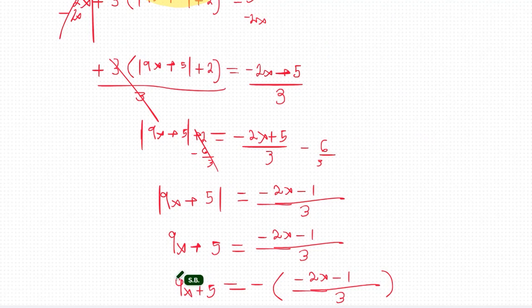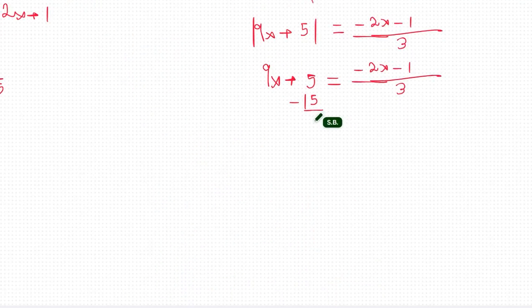Good job. So that is one case. Another case is what? So this was the case.